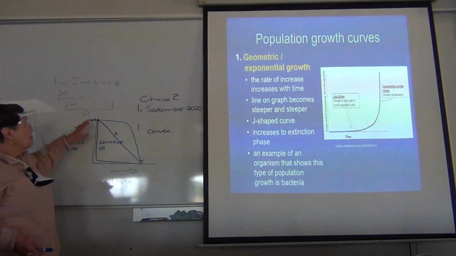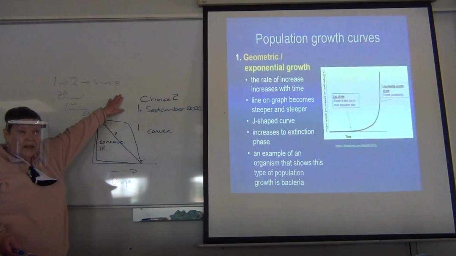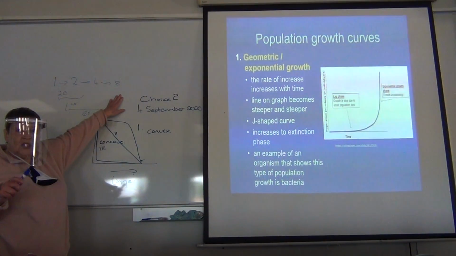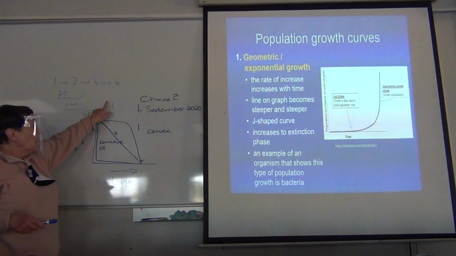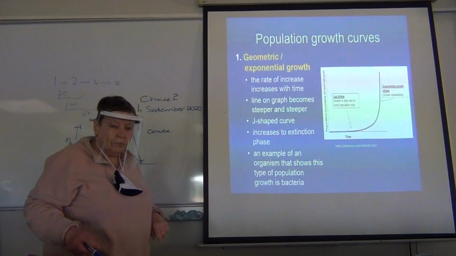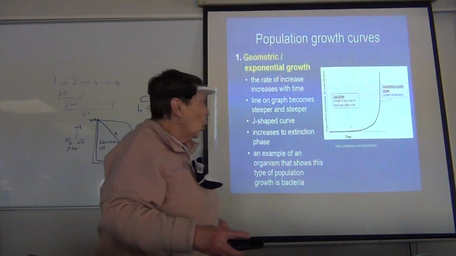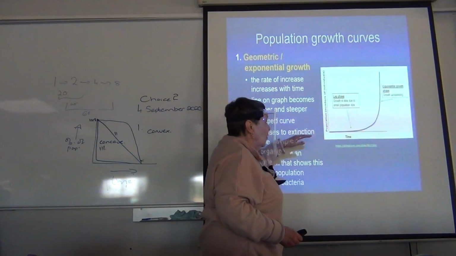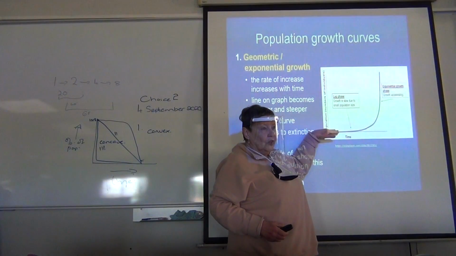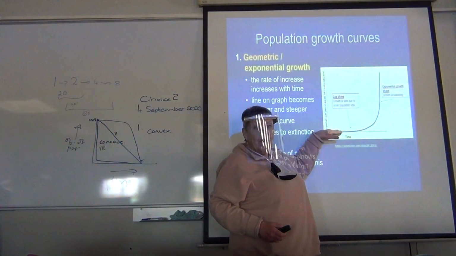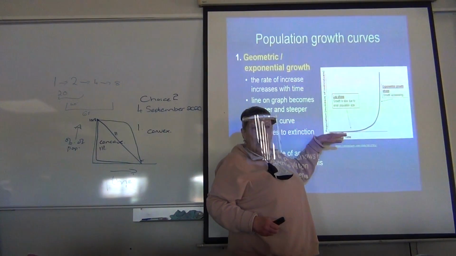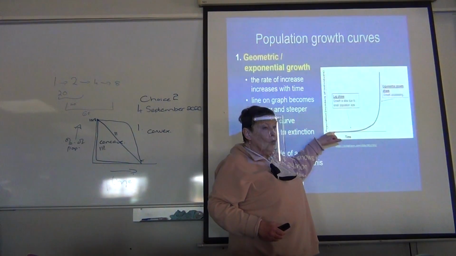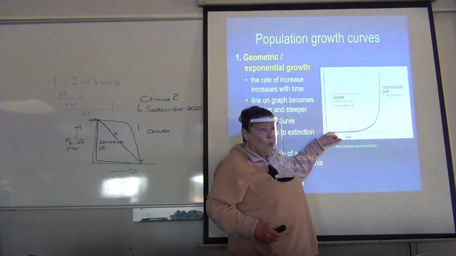Okay, but as soon as you start reaching higher numbers than this, the rate of increase increases. So if you plot this on a graph, when the figures are low, when there are very few individuals in a population, the rate of increase is low. And therefore, the graph is not steep at all.